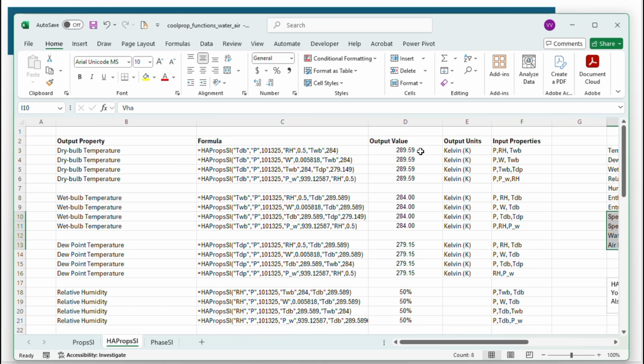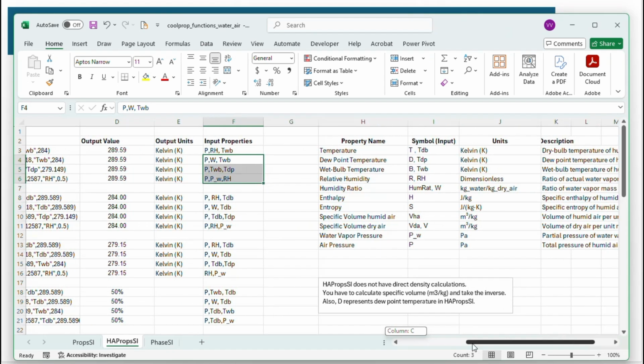The output value is in Kelvin units. There are different combinations of input properties. So if you look at what are the properties that you could be inputting in this HAPropsSI function, it's the temperature, dew point temperature, wet bulb temperature, relative humidity, humidity ratio.